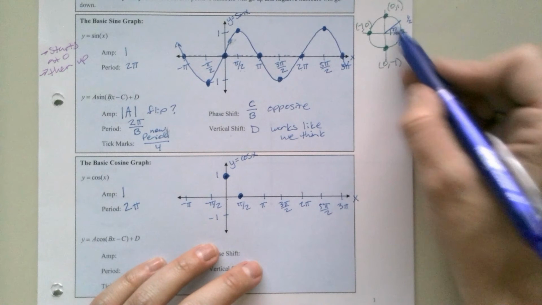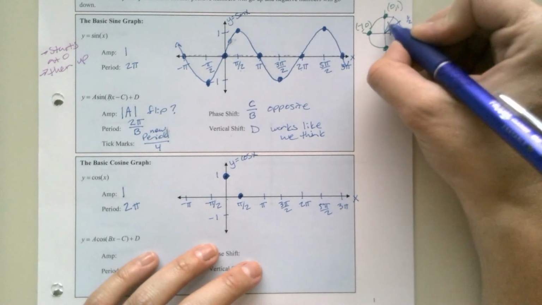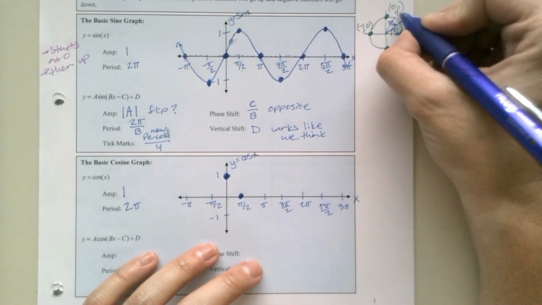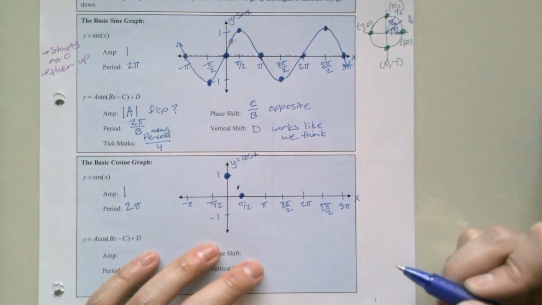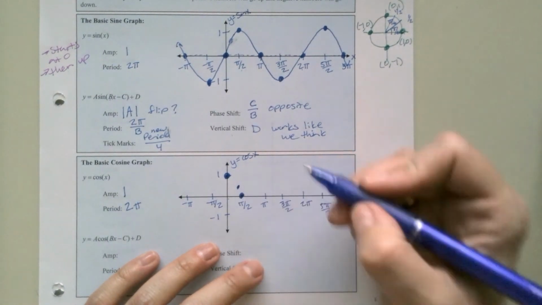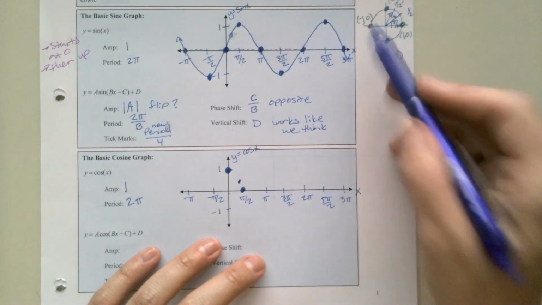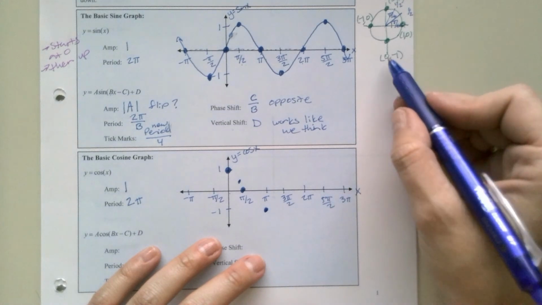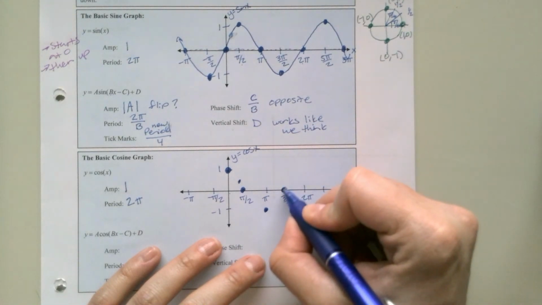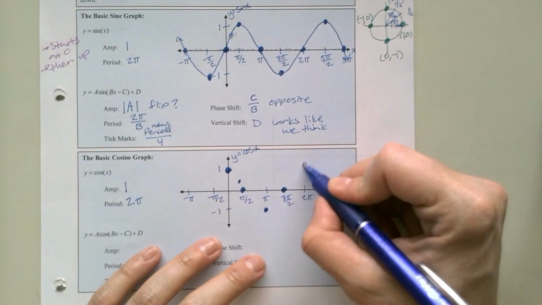And again, if we look through here at an angle of pi over 6, my cosine value is about 1/2, if you want to start looking at that. Now at pi, my cosine value is -1. At 3 pi over 2, my cosine value is at 0. And then at 2 pi, I'm back at 1.